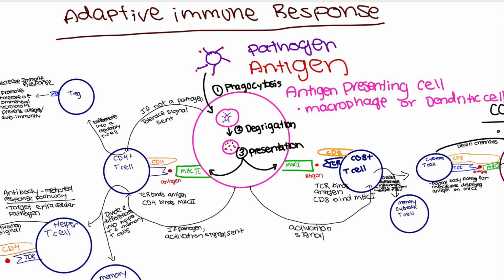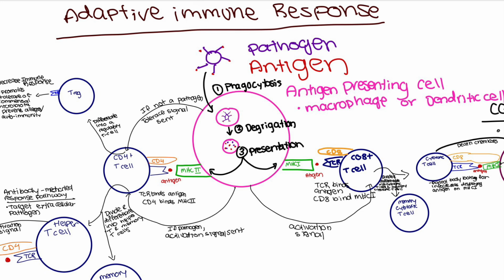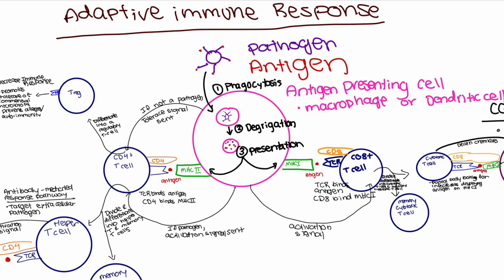Both of them have T cell receptors, which are proteins on the surface of the T cell that detect antigens. The CD4 plus pairs with MHC2 and CD8 plus pairs with MHC1. If both are able to bind to the antigen and the antigen presenting cells are sending out activation signals, both of them will become activated.